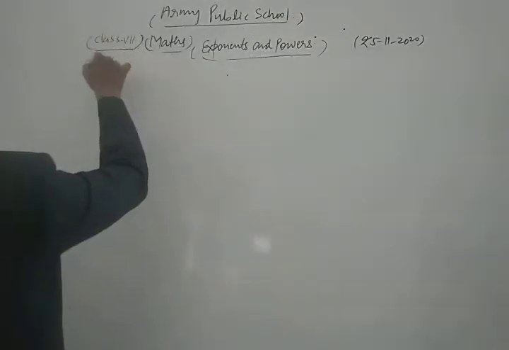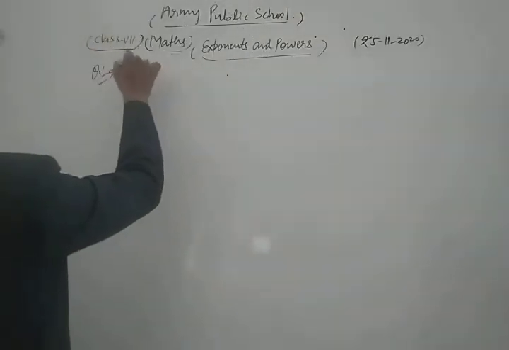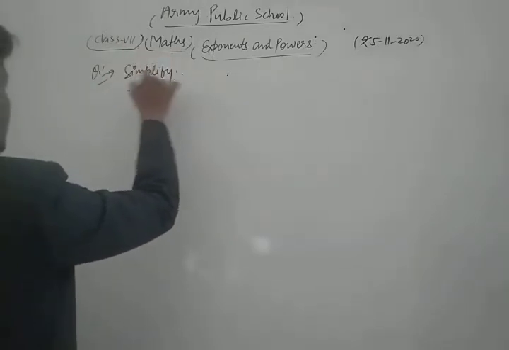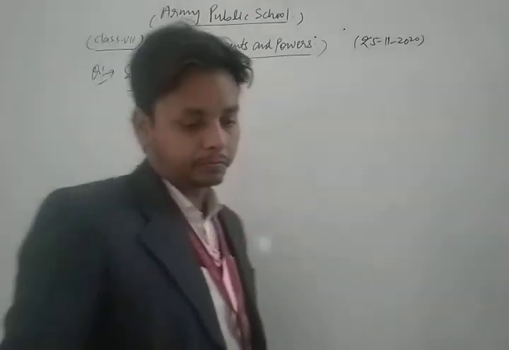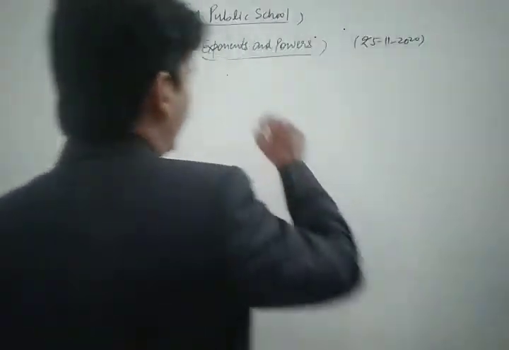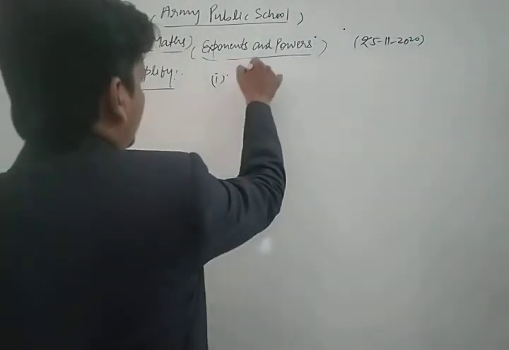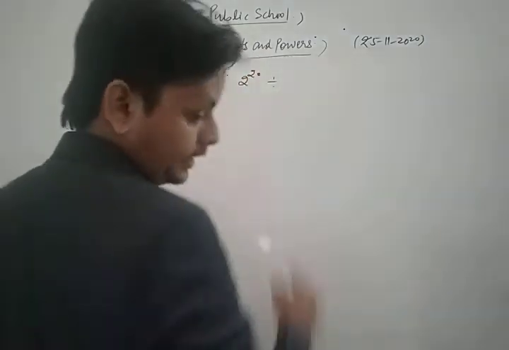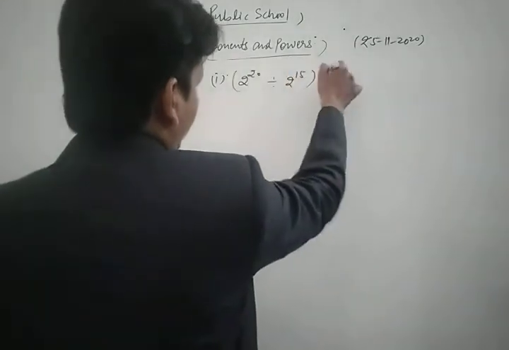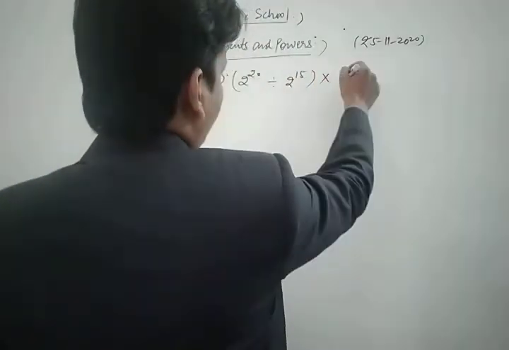Now we take a question. Simplify. First part: 2 power 20 divided by 2 power 15 multiplied by 2 power 4.